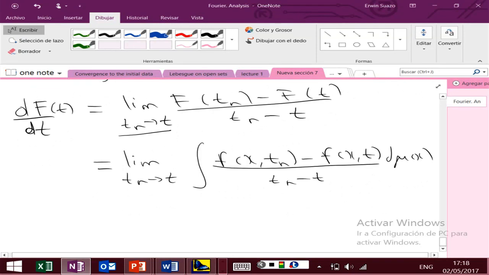But just by the dominated convergence theorem, because this guy satisfies it, remember I said this is dominated by g of x, I can put my limit inside of this guy.